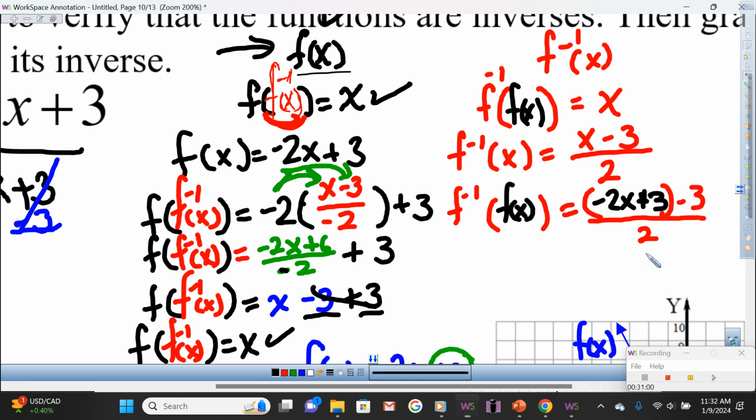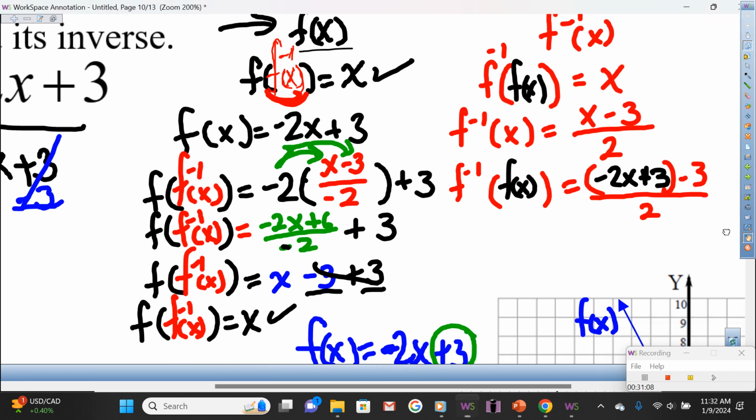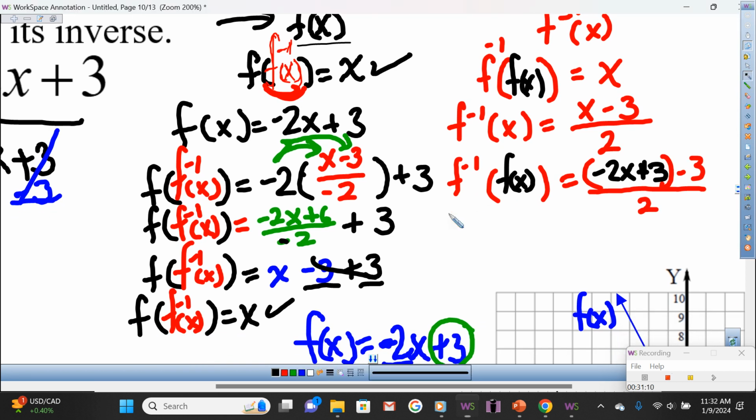Okay, so, and the rest is piece of cake. The left side stays the same because it's only a label. F inverse of f of x equals, let's see, is there anything to distribute here? No. Can we combine stuff here? Yes.